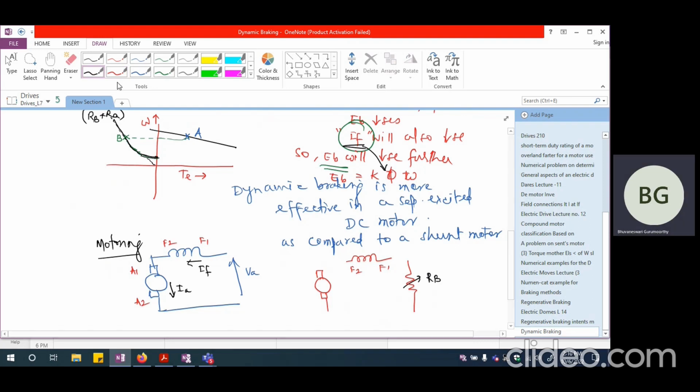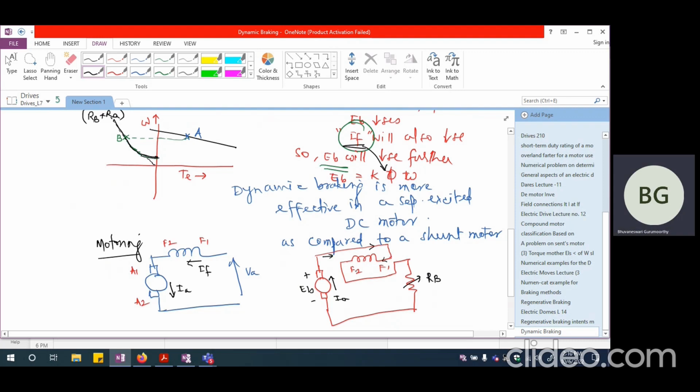Now, when I connect the armature and field together, I should do it like what we spoke about regenerative braking. So I should just reverse the field and connect it like this. If I connect it like this, I can see that now the back EMF is like this, and that is the one which is going to drive the current. So armature current flows in this direction, and it is going to flow this way.